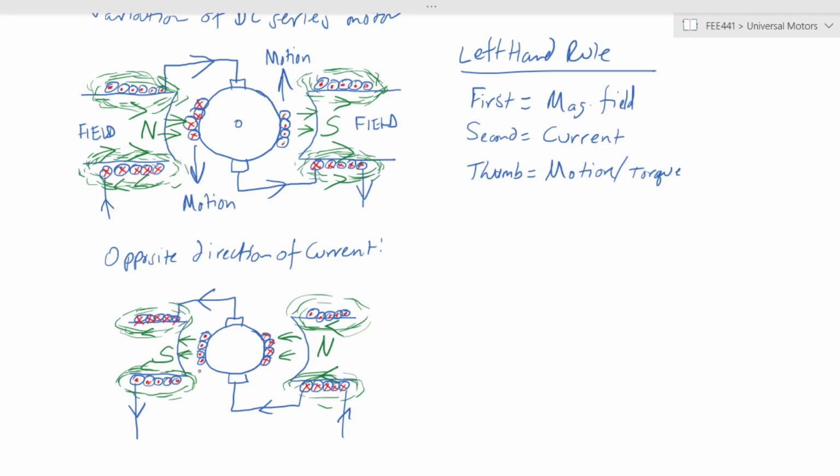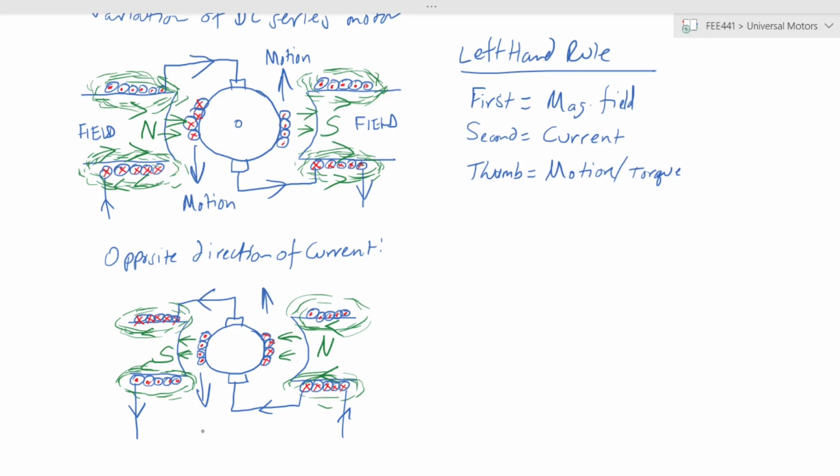However, if you look at the left-hand side, the direction of current is actually out of the screen. It is pointing outwards, and our fingers are pointing to the left. Our first fingers are pointing to the left, and our second or middle fingers are pointing towards ourselves, out of the screen. That means that the thumb, or the motion, remains in the same direction that we had before.